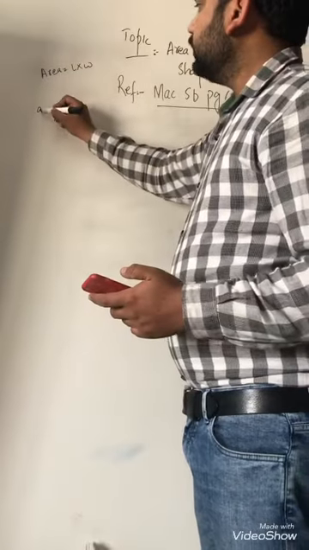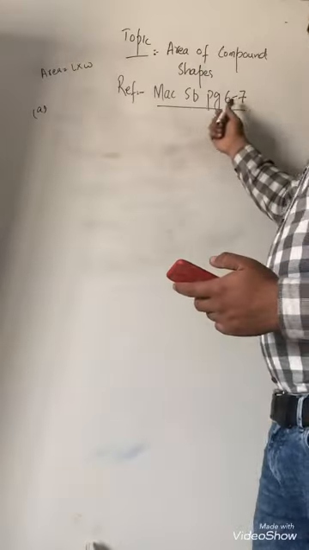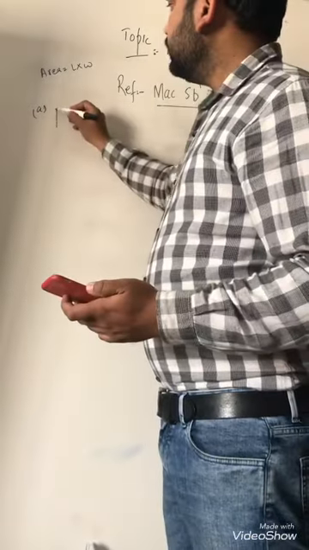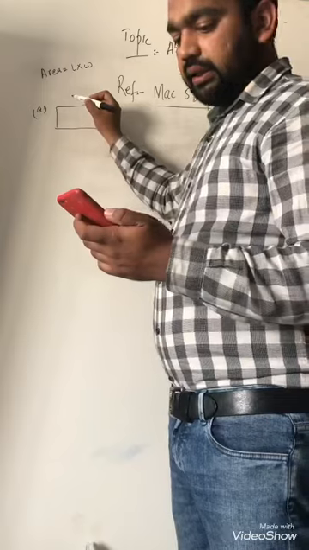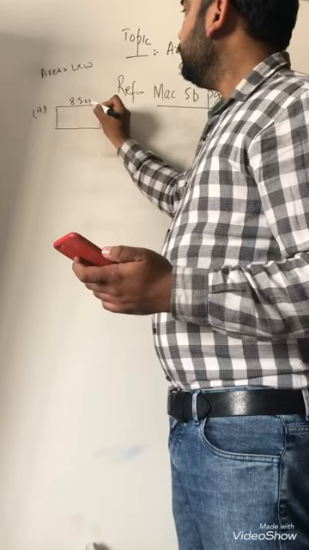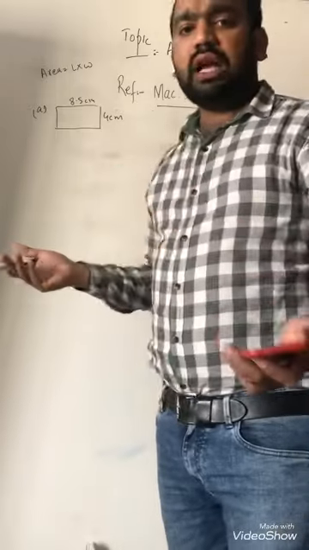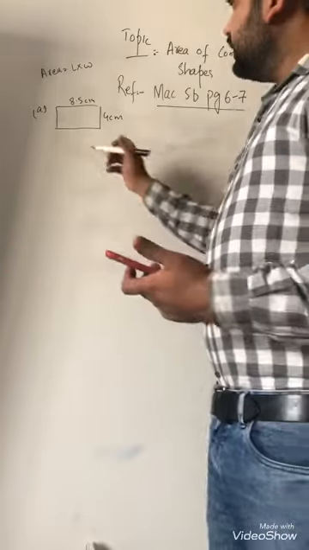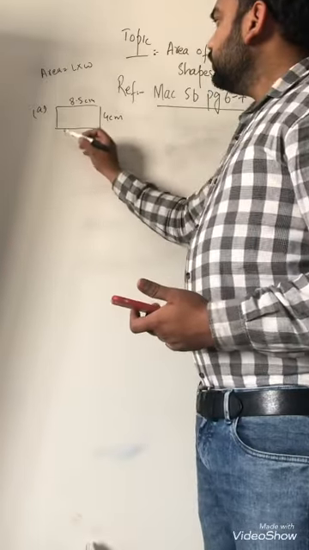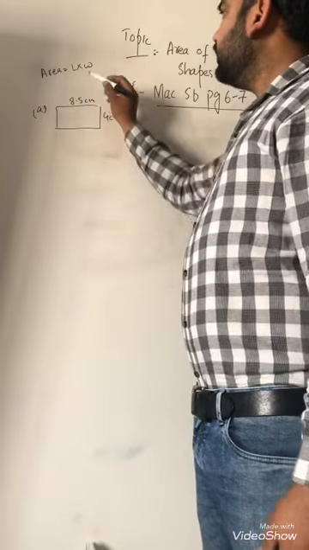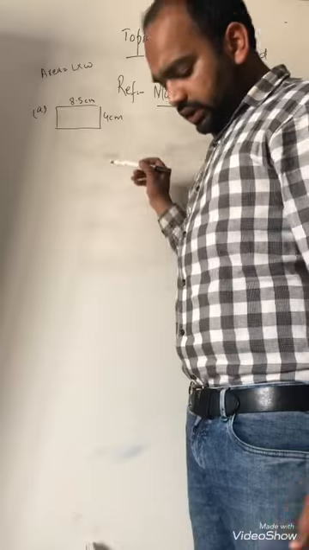The A part of Macmillan 5B, page number 6, right? The shape is like this: 8.5 centimeter and 4 centimeter. What we have to do is very easy. We will follow the formula length into width. This is the length and this is the width.